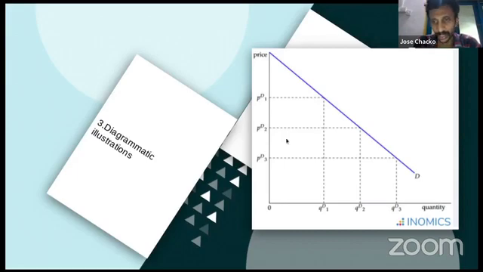So, for instance, as you can see, this is a demand diagram, and students will come to know that as price is on the y axis and quantity demanded is on the x axis, when price increases, quantity demanded decreases. So they have learned the relationship between price and quantity without your explanation.